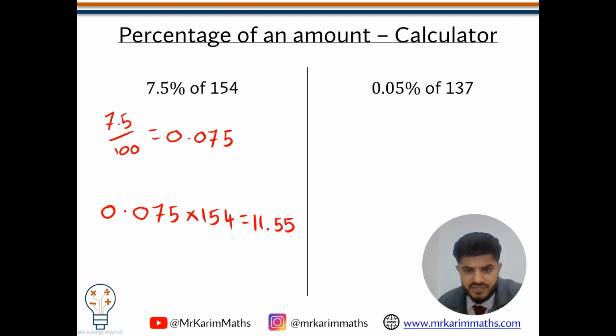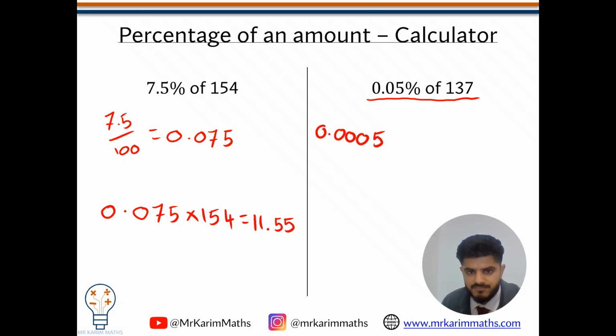Now, if you want to pause the video and have a go at this one, be my guest, but I'm going to go through it anyway. So 0.05%. Now, because this is already a decimal, you've got to be careful. What we're doing is we're essentially dividing by 100 to get our multiplier. So 0.05 divided by 100 is going to be 0.0005.